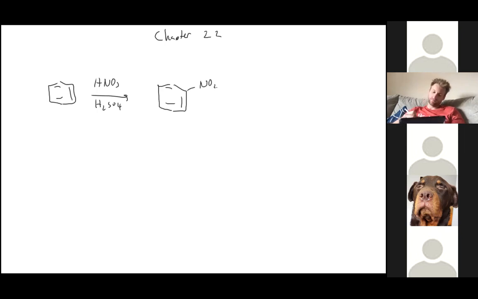Throwing in iron, HCl, will let us reduce this down to an amine. We talked about this on Friday.